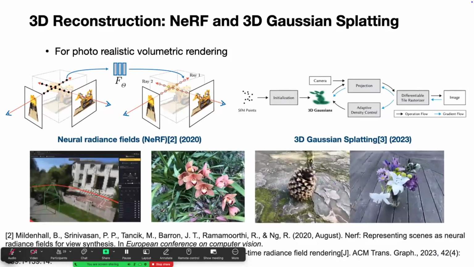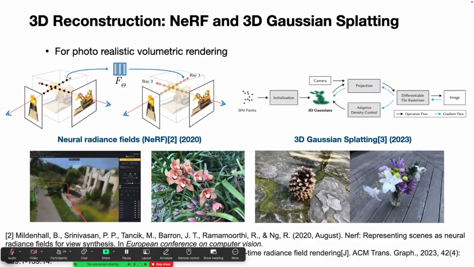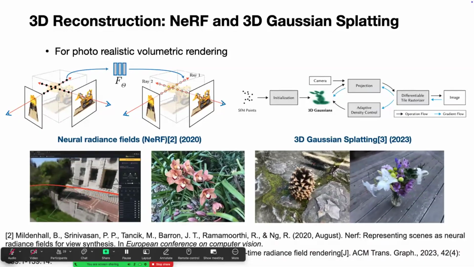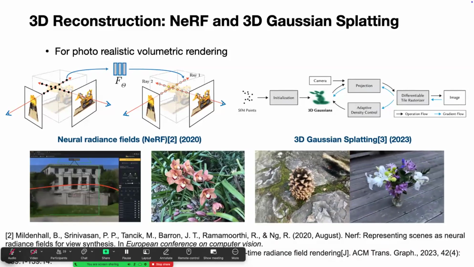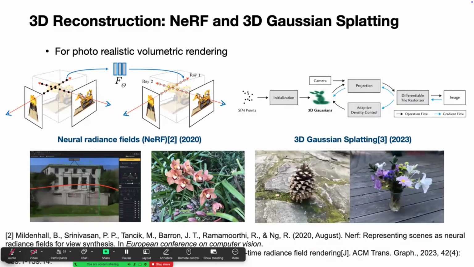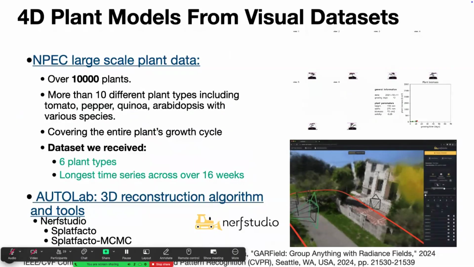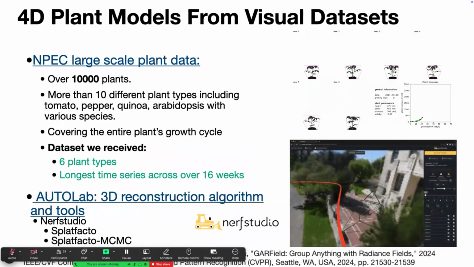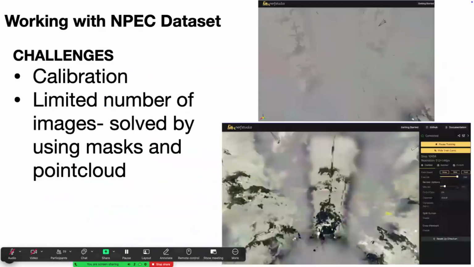Both of them give you these viewpoint invariant capabilities, so it can interpolate using the interpolation properties of networks to different viewpoints, and it looks very smooth, and you can really zoom in and round to different perspectives. So what we want here is to be able to take that data from NPEC and then generate these Gaussian splats, but then also be able to extend them over time.